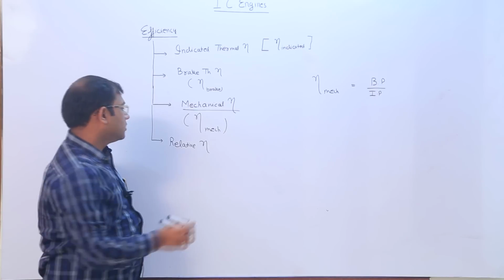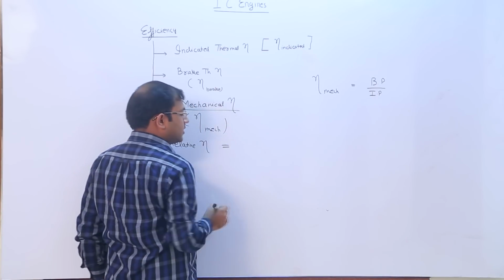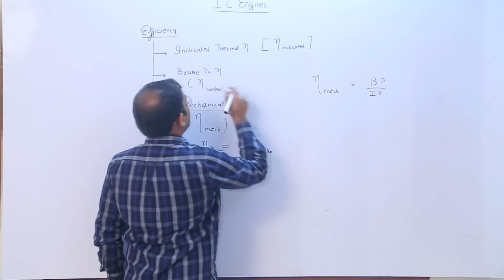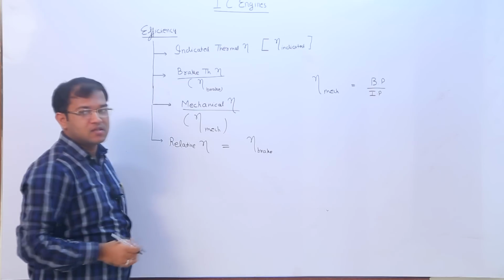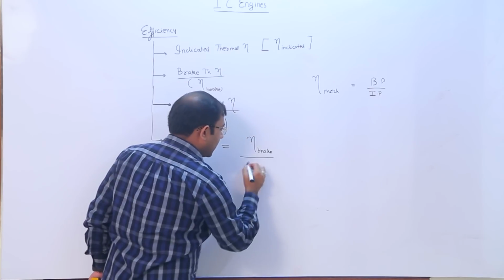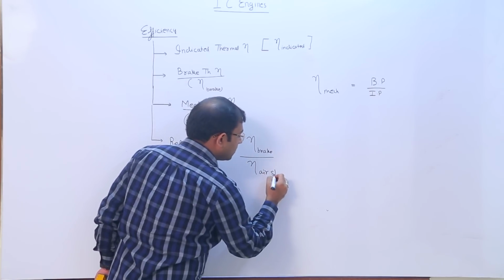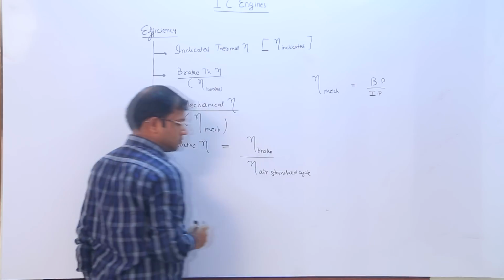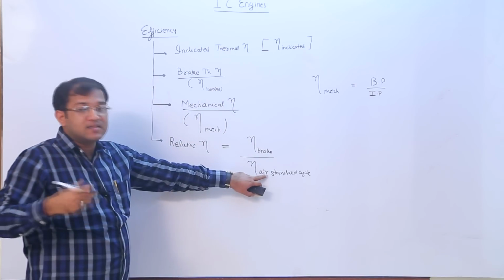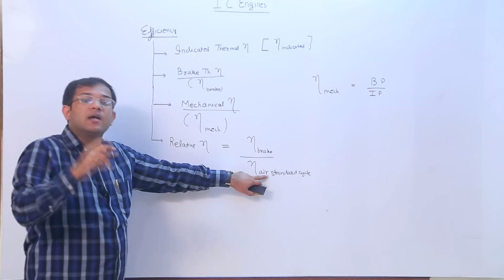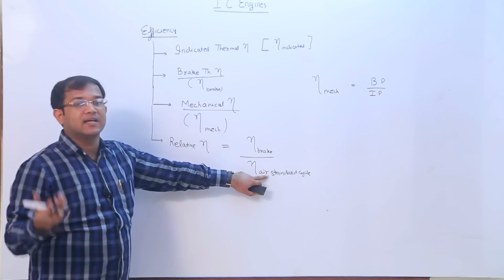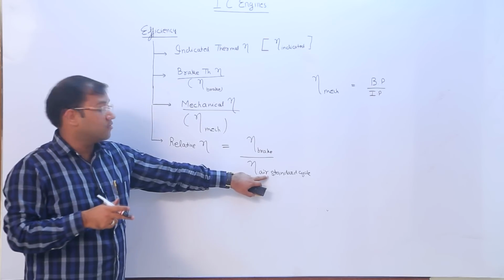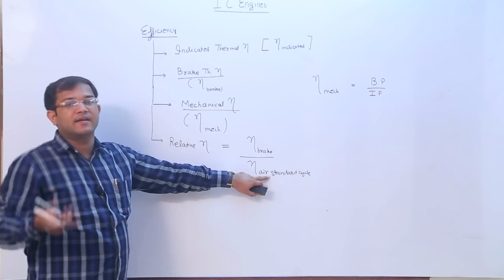Fine. So relative efficiency is nothing but eta brake, your brake thermal efficiency, divided by the efficiency of the air standard cycle. Now what do we mean by air standard cycle? Had this cycle been operating in ideal conditions or reversible conditions, that case would be of the air standard cycle.